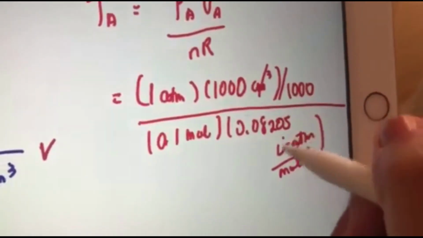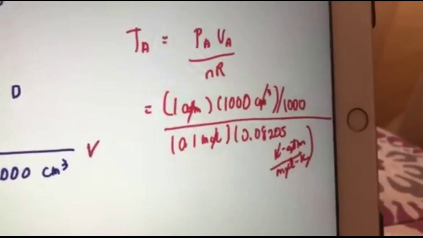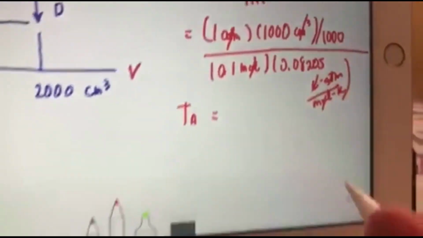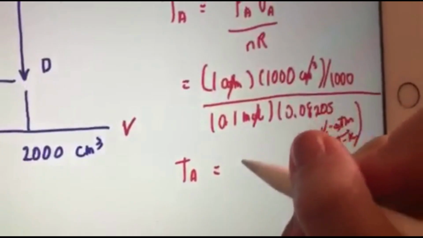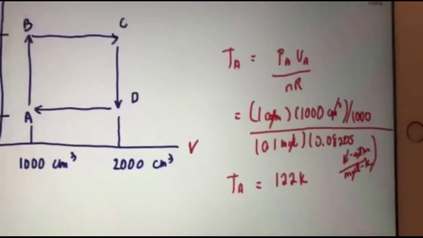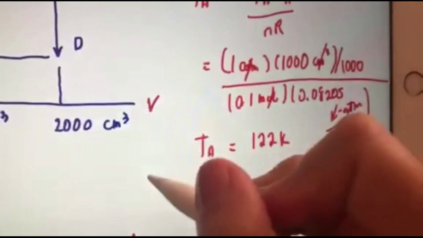Liter, atmosphere, and mole would be cancelled out. So TA, or temperature at A, is equal to 122 Kelvin.